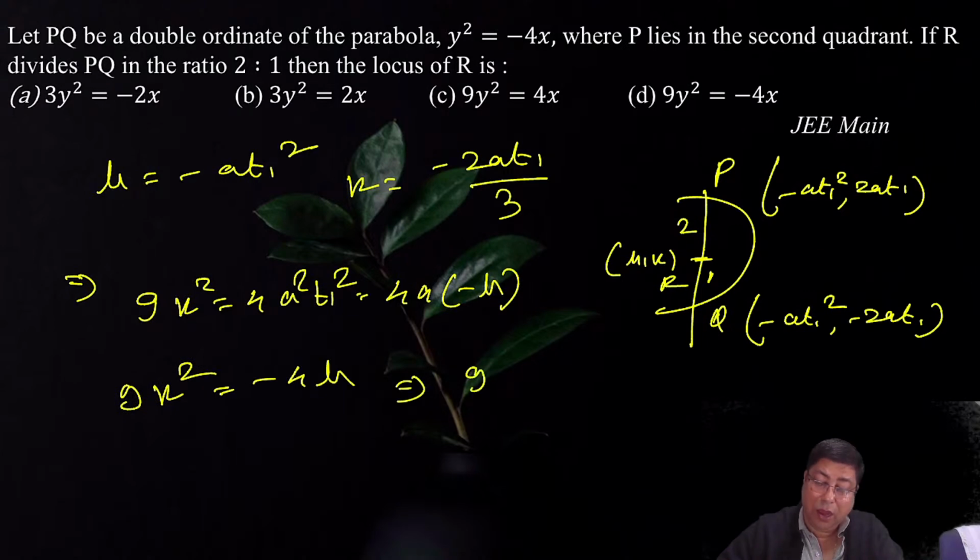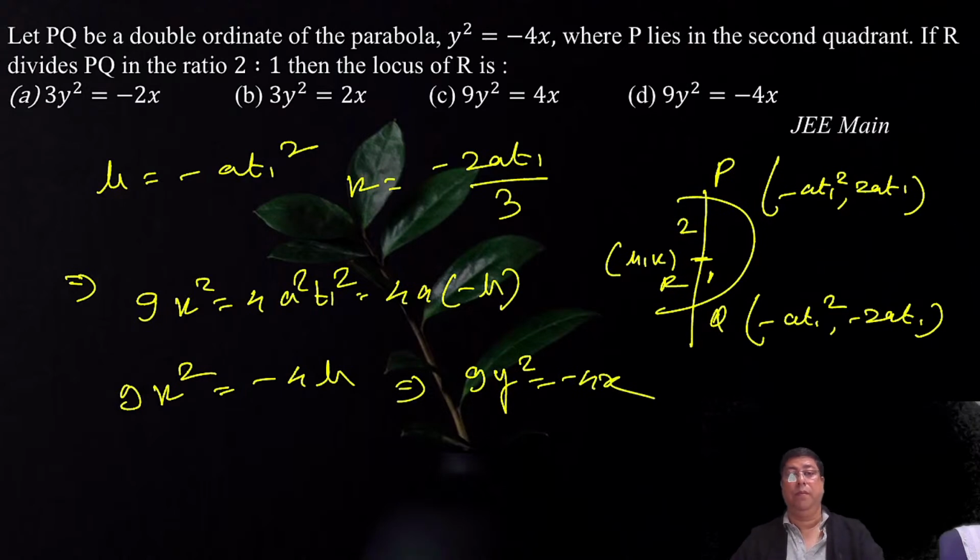Therefore, we can write 9y² = -4x. So in this type of sum, it's a very basic concept. Let us go to the next sum.